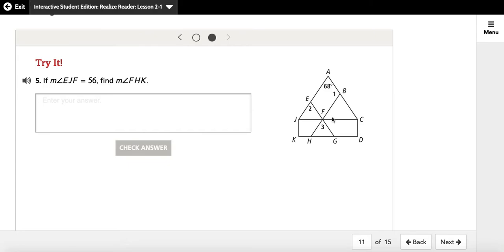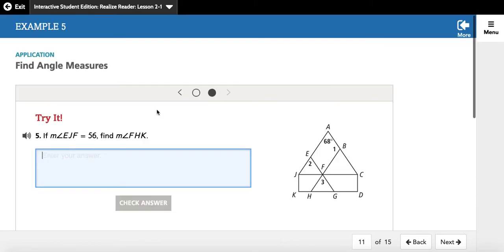And if this one's 56, I know this one down here is 56 because it's also corresponding. And if this one's 56, then the linear pair right here has to be 180 minus 56. And 180 minus 56 is 124.